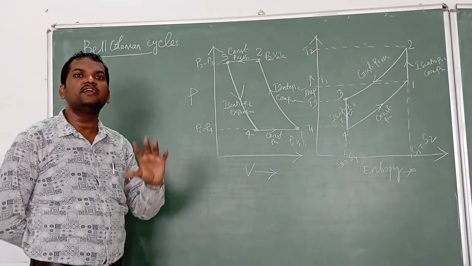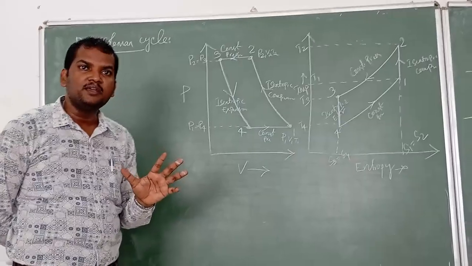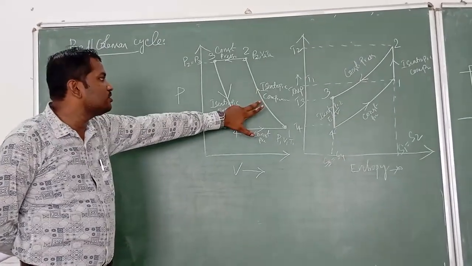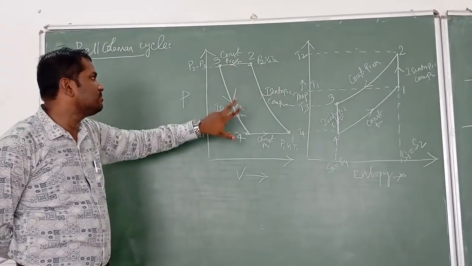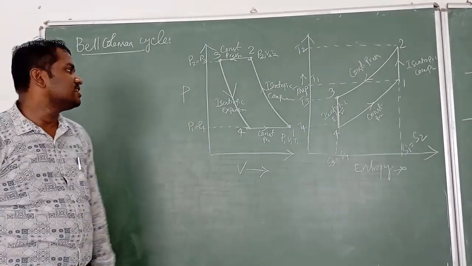Heat addition and heat rejection take place at constant pressure. So 1 to 2 is isentropic compression, 2 to 3 is constant pressure, 3 to 4 is isentropic expansion, and 4 to 1 is a constant pressure process.